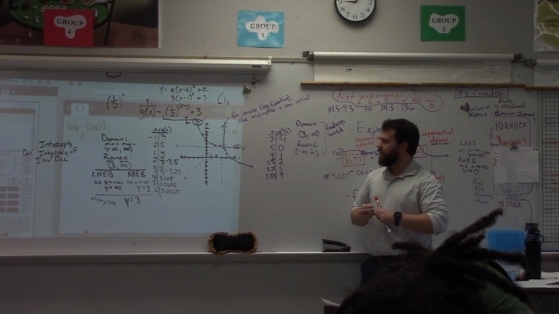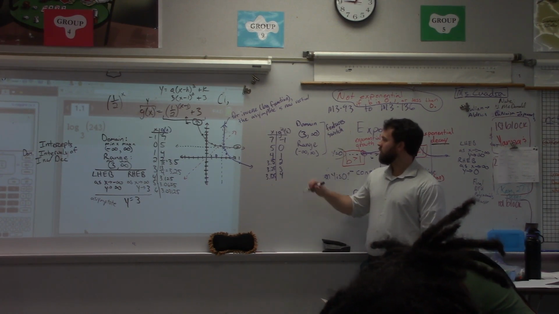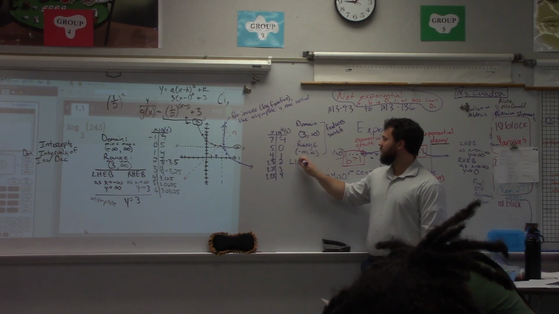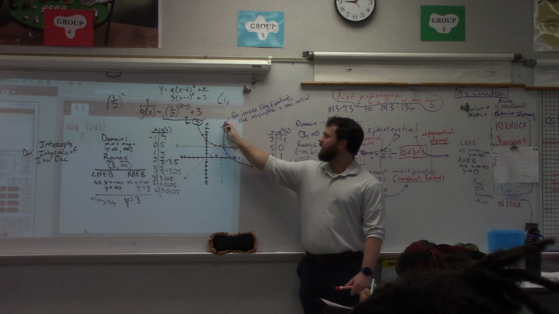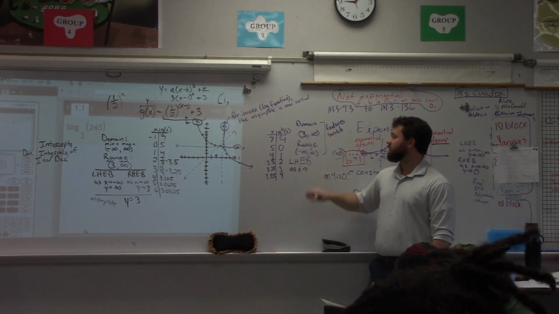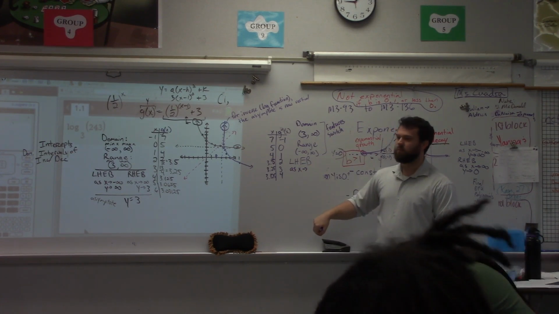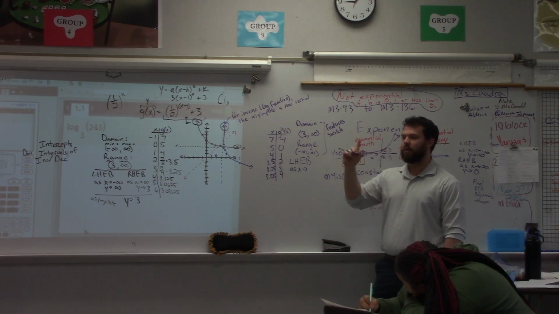Now, the end behaviors slightly change, but only slightly. Got my left-hand end behavior. When I look at the left-hand side, what is x approaching? It does keep going up, but up is that x or y?